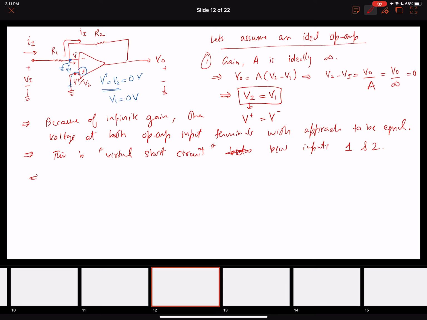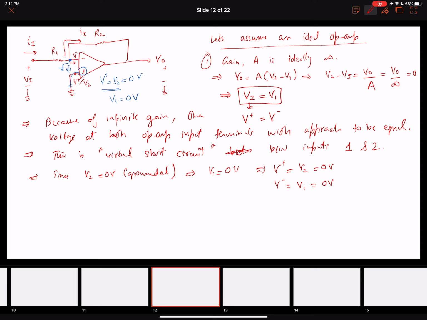So V positive equals V2 equals 0 volts, and V negative equals V1 equals 0 volts.